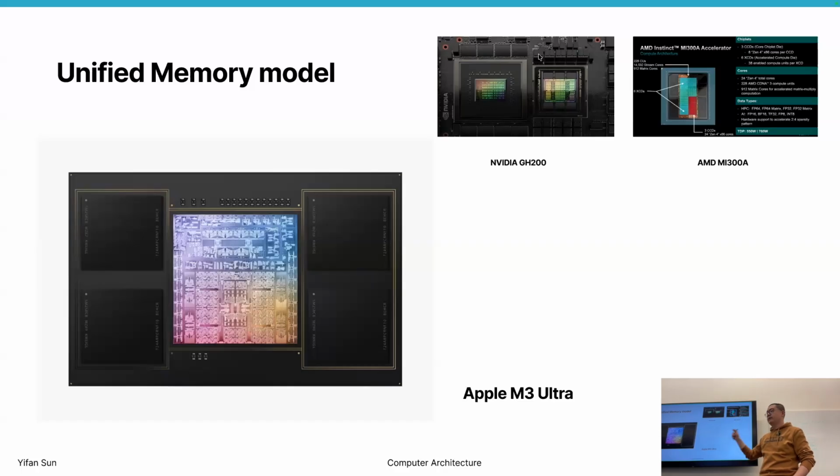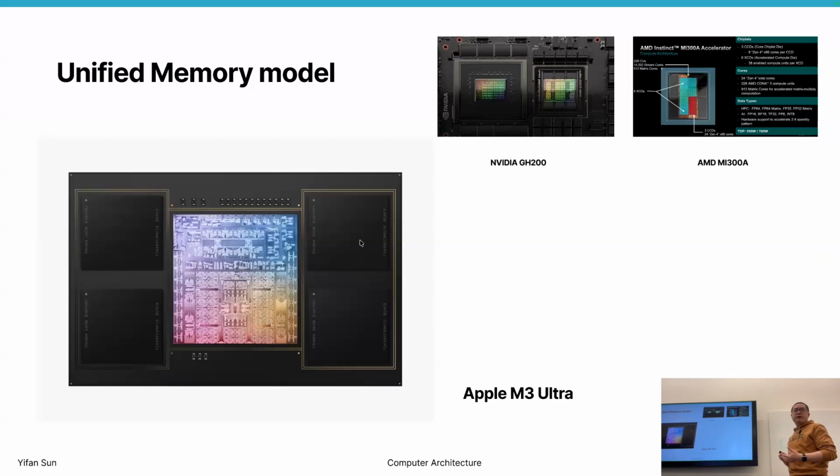They say just no page migration happening. If this GPU core needs to access data here, then just go through this memory interface and directly access memory. So the CPU and GPU just share the bandwidth. There's really no difference between the CPU memory and GPU memory.